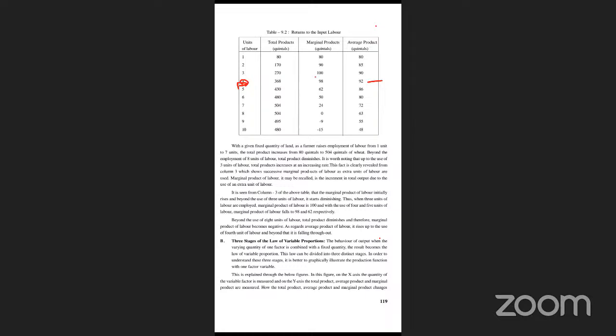And in marginal product, it is maximum at the 3rd unit. There are 3 stages in this law of variable proportion. Now let's look at the 3 different stages of this law of variable proportion.